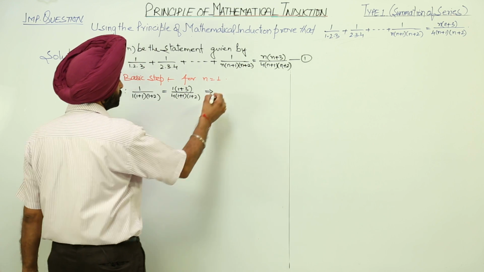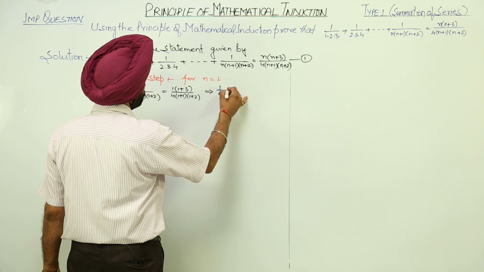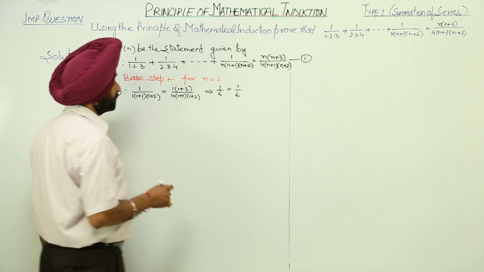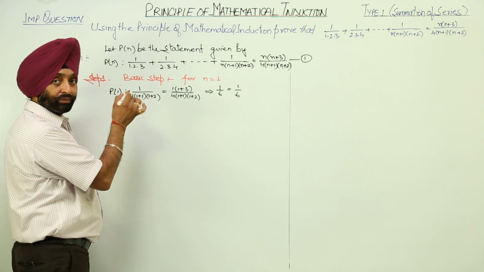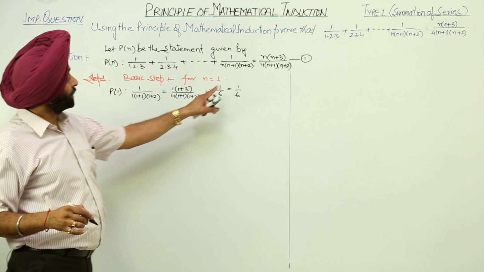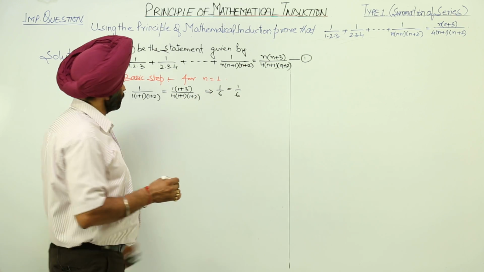Now, this is equal to 1 upon 6 is equal to 1 upon 6. Is it clear? So, 1 times 2 times 3, first term is also 6, 1 upon 6, and right hand side also becomes 1 upon 6.